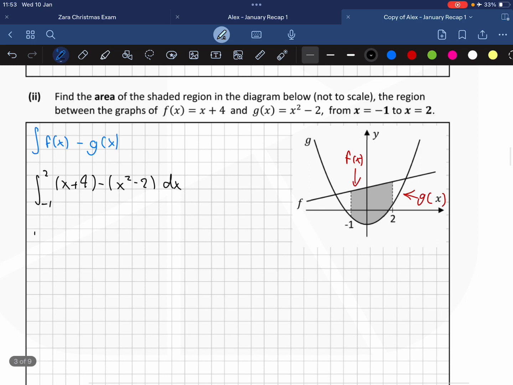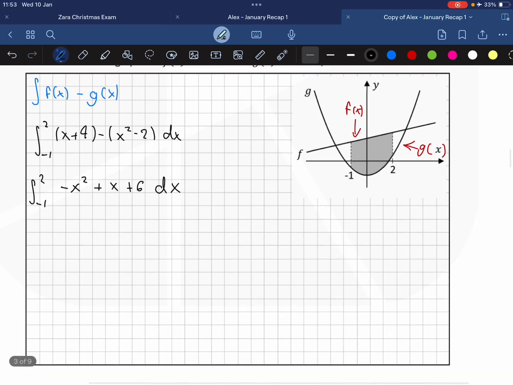And if we do that, integral from negative 1, we're going to have minus x squared plus x, and then we have 4 minus minus 2, which is plus 6, dx. Now we just need to do the integration of this, so we're going to have minus x cubed over 3 plus x squared over 2 plus 6x, and then we're going to evaluate that between negative 1 and 2.